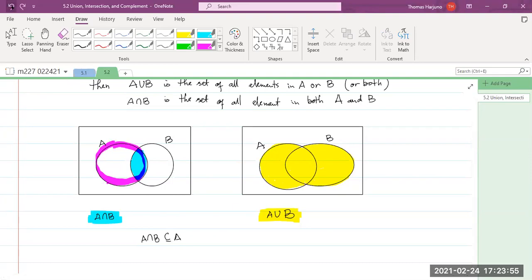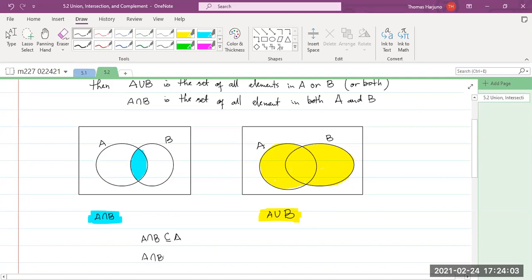And in fact, it is also part of B. In other words, A intersection B is a subset of B also. Consequently, you will see the probability of A intersection B will be less than or equal to the probability of A. Probability of A intersection B, therefore, will be less than or equal to the probability of B.